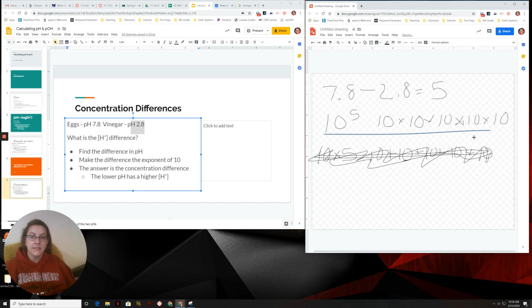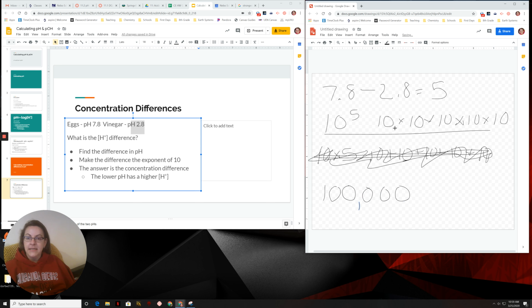It is the exponent, so I make it 10 to the 5th power. The easy way I remember to do this is I draw my 1 and add as many zeros after as my exponent: 3, 4, 5.